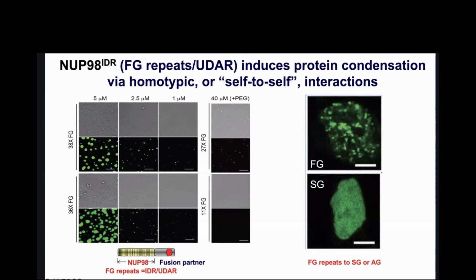As you can see in the cells, when we introduce the fusion with the intact FG repeats, you see this puncta formation. But when we mutate FG to SG, you see this sort of smear, but still in the nucleus. And we can use different mutations, for example, alanine-glycine repeats.